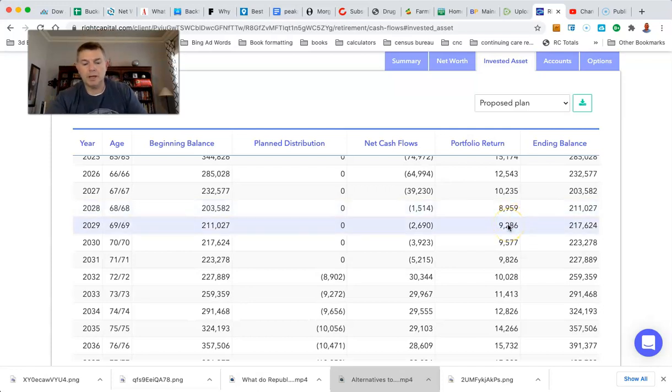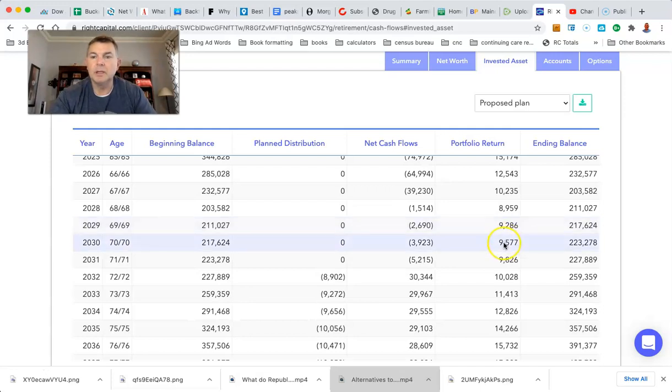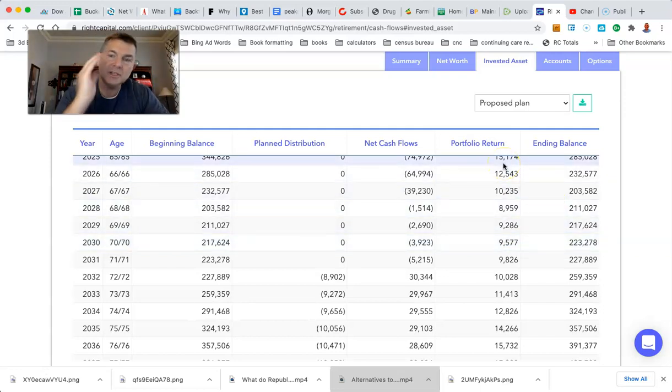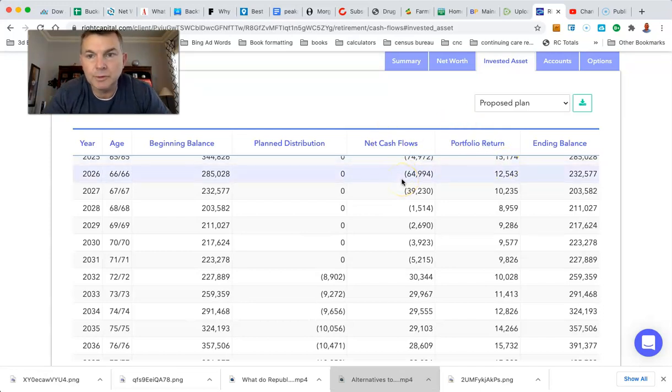The following year, 9,286 divided by 211,027, probably the same thing. Yeah, the exact same thing. 9,577 divided by 217. And so what's happening here is we're getting 4.4% each and every year, a linear rate of return. Now, there are positive and negative cash flows, which will affect that a little bit.